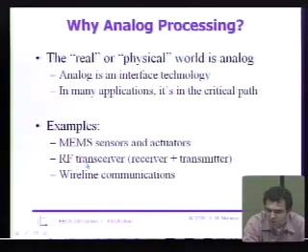We'll talk a little bit about how analog fits into RF transceivers. A transceiver is a receiver and a transmitter. That's because transceivers are very important. You all know that wireless communication is a very important field. Another area is wireline communication, high-speed wireline communication.